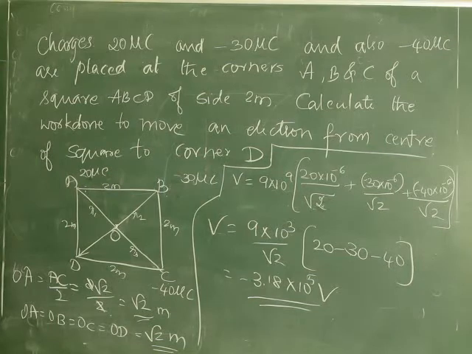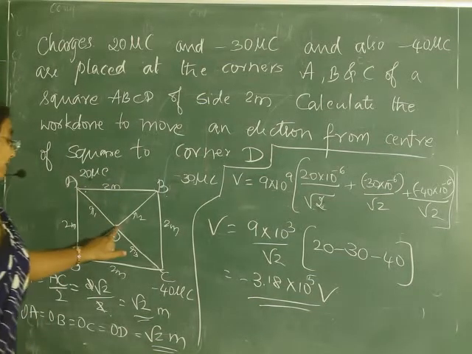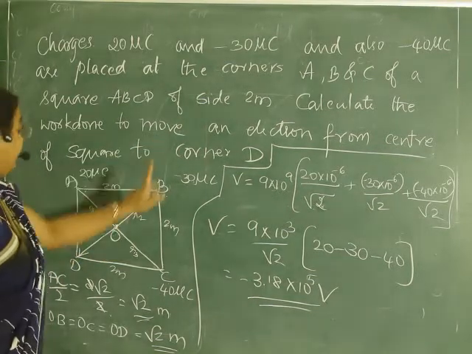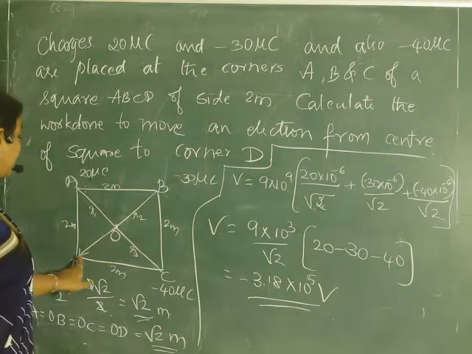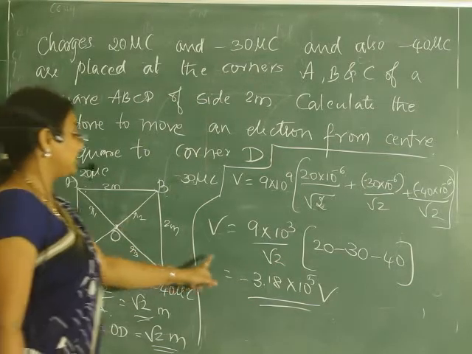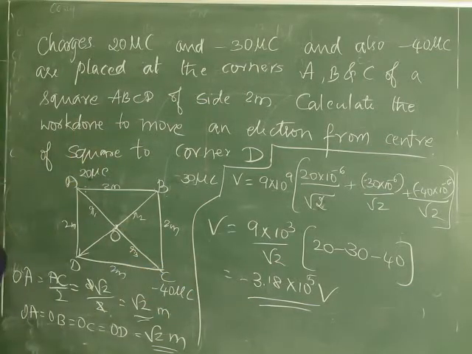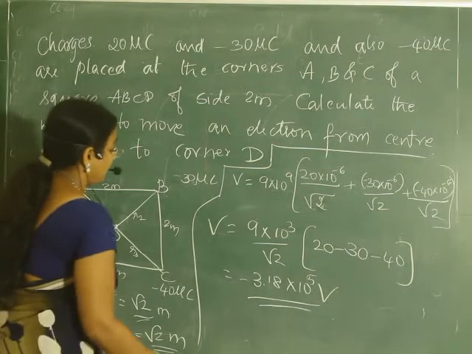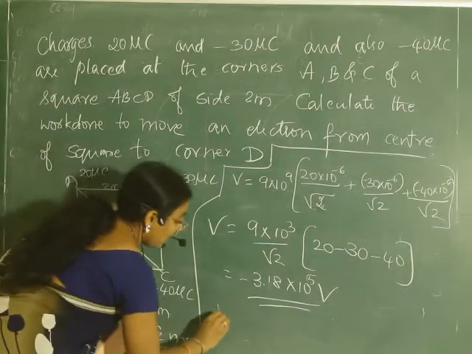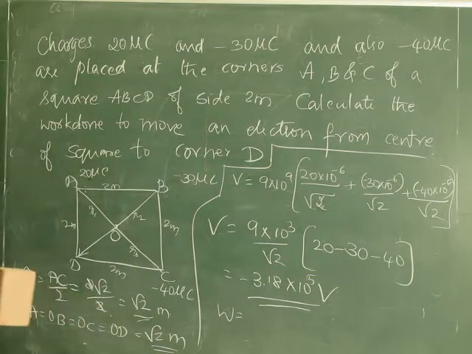Next, what we have to find is the work done in moving the charge, that is the electron, from center to D. This is the potential at that point, correct? So how much work done? How to calculate?